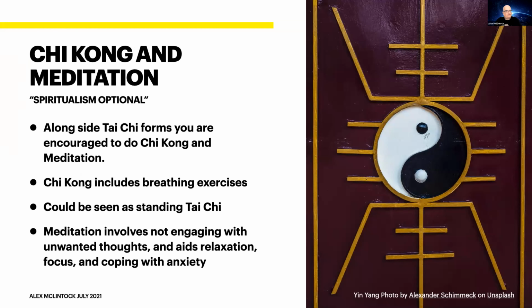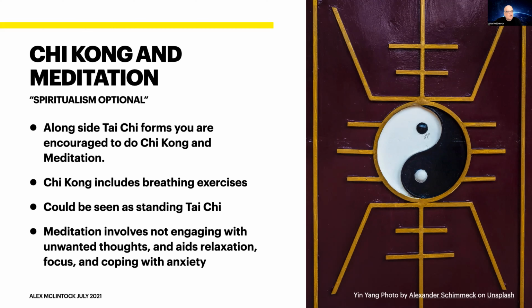Alongside Tai Chi, there's this thing called Qigong. Qigong is spelt in a number of different ways, and that's where you're typically doing something like a Tai Chi breathing exercise standing in one place. You're encouraged to do Qigong if you do Tai Chi, but you don't have to. You can just treat it as a set of exercises. At the same time, there is a certain amount of spiritualism and philosophy of the Tao.